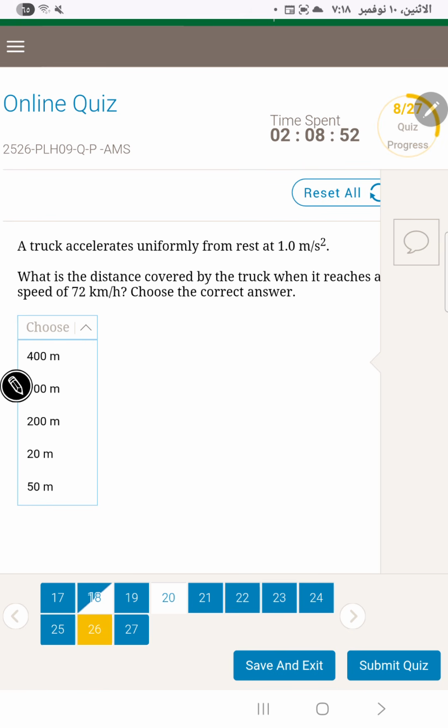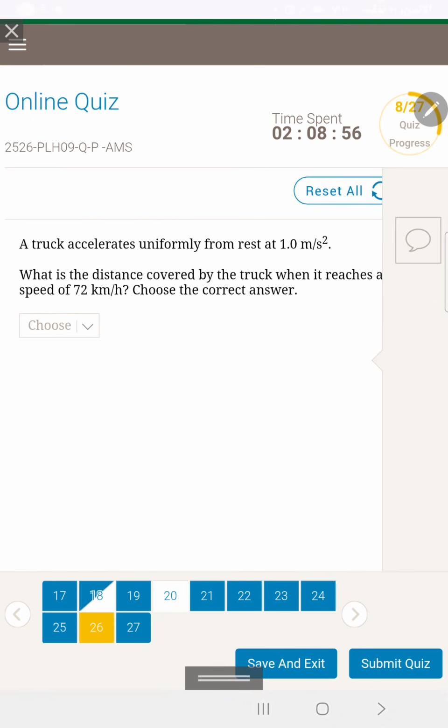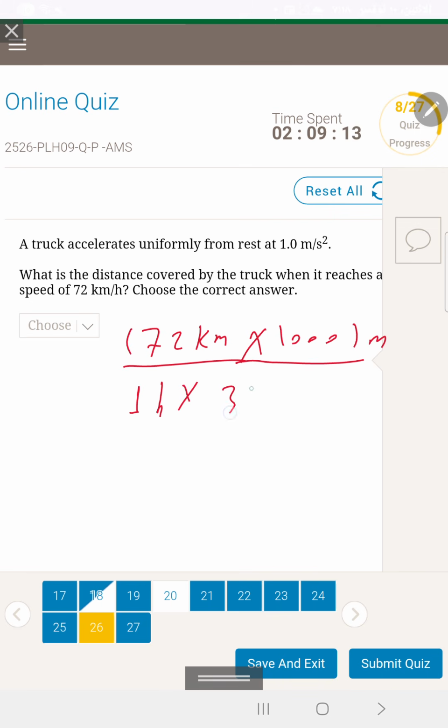The first step is to convert 72 kilometers per hour into meters per second. 72 kilometers per 1 hour: you have to convert it into meters per second, so multiply by 1000 up to make it meters, and divide by 3600 to make it seconds. If you calculate this, you get 20 meters per second.